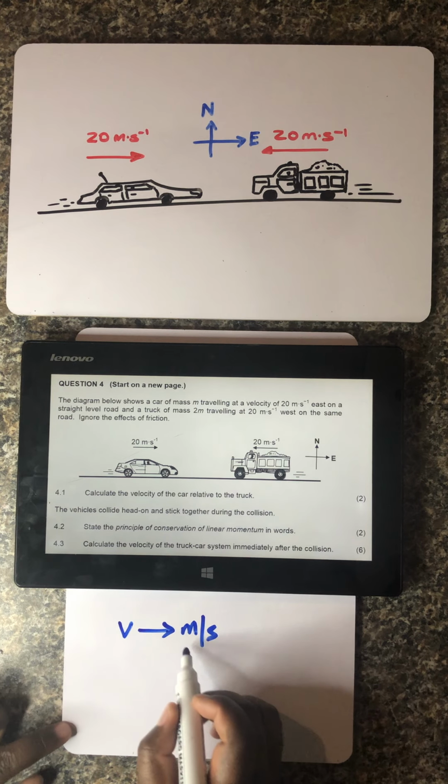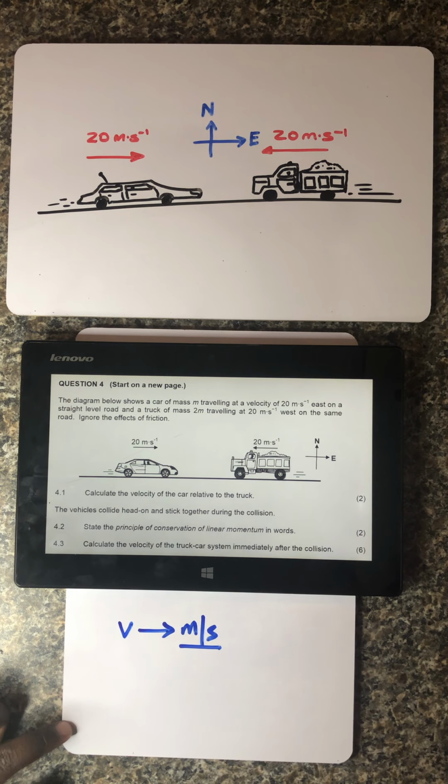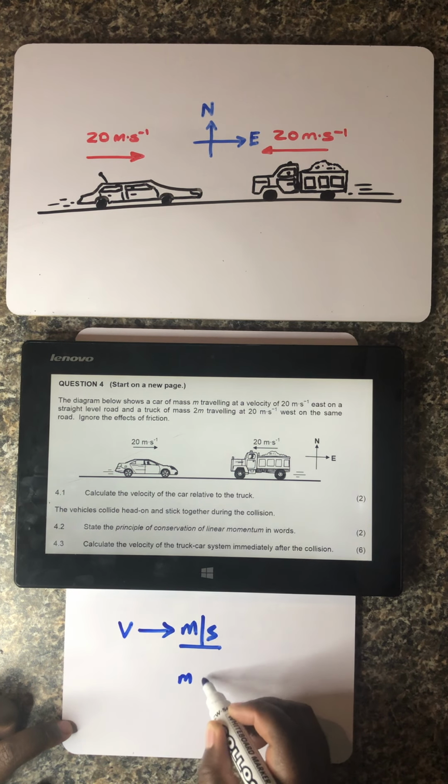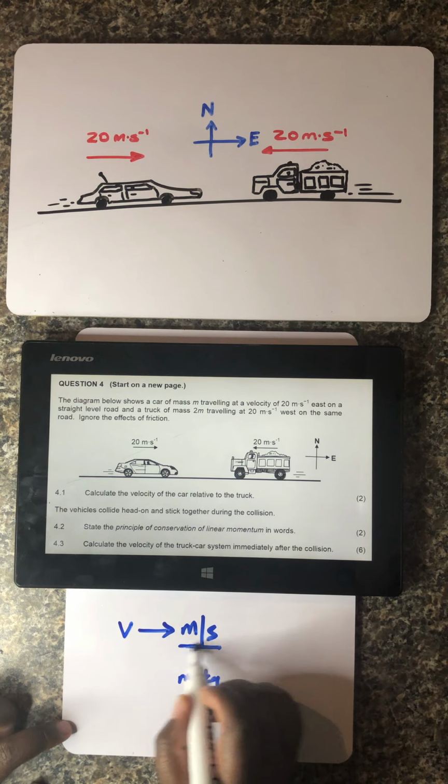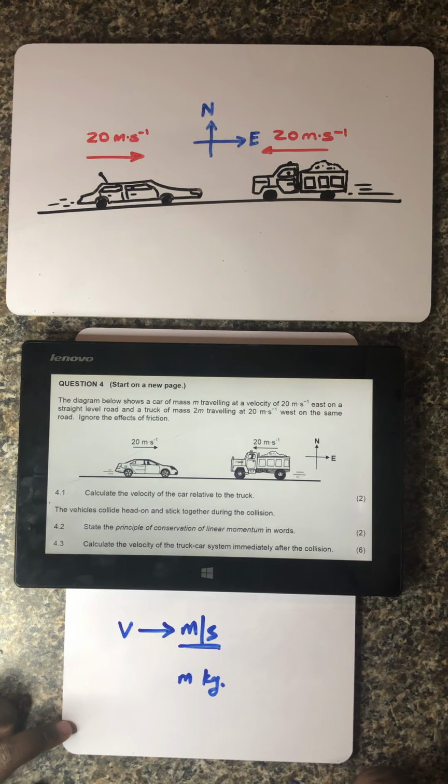Do not write anything which is not in meters per second. Whatever you write, its units should be meters per second. In that way, you're not going to be giving a mass which is in kilograms as part of your answer. You're not going to give anything else other than a velocity which is measured in meters per second.